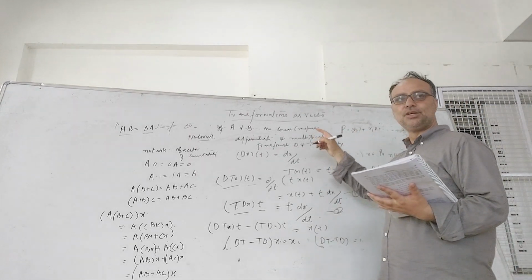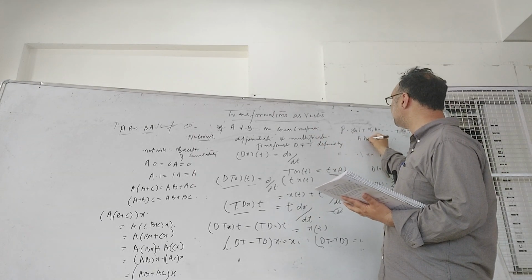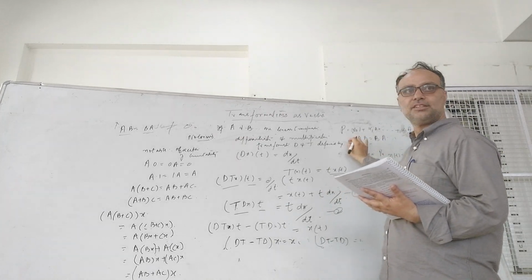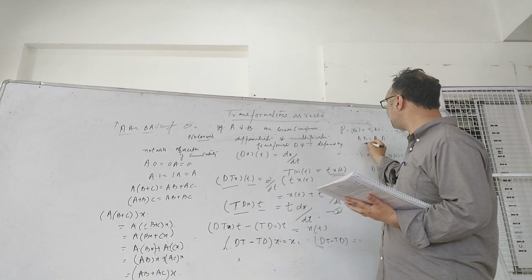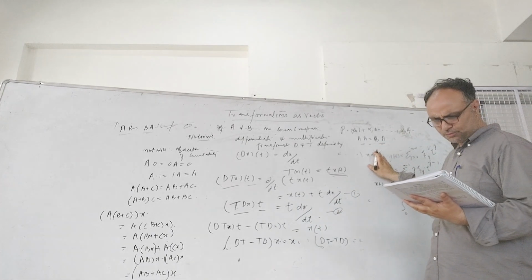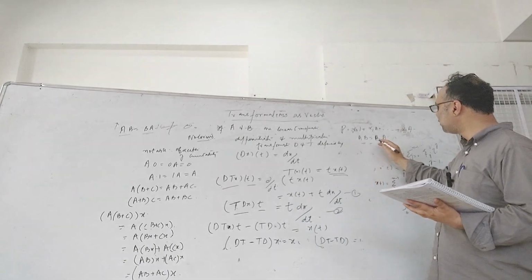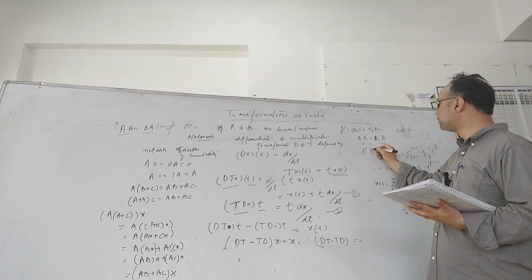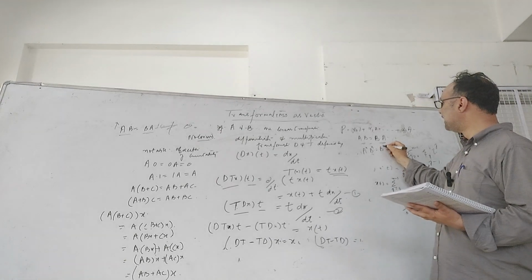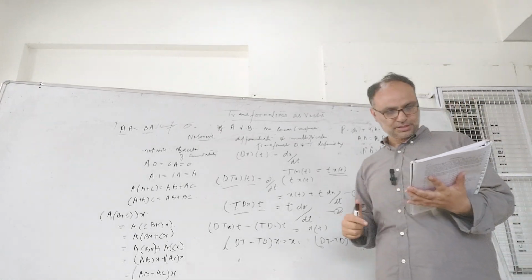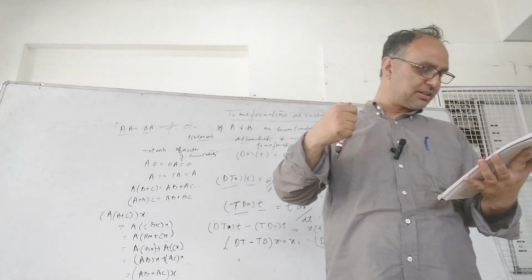If commutativity holds, it means AB is equal to BA. We know it's not holding always in linear transformation. If it holds in one variable, it will hold in n variables.